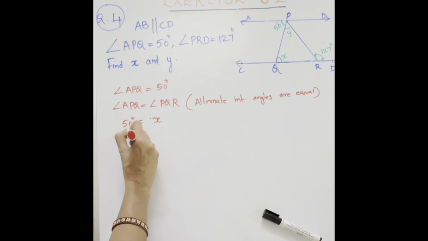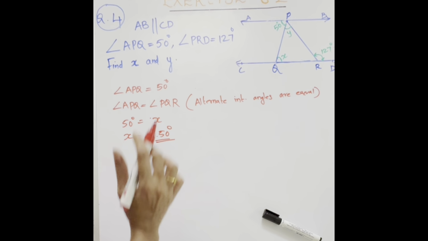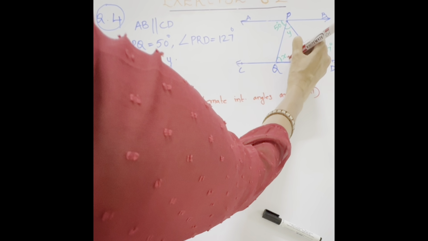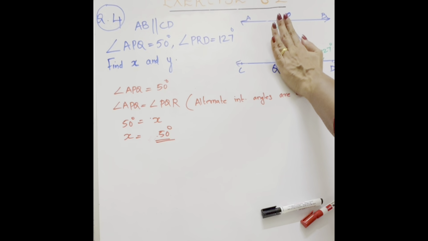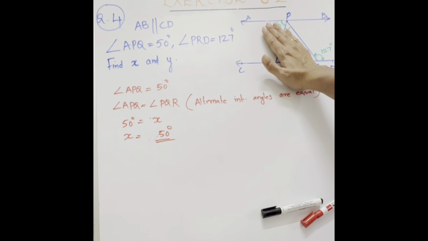So x is equal to 50 degrees. So we found x as 50 degrees. Now let's consider lines AB and CD again with the transversal PR. AB and only PR. Okay, so AB and PR. So what is that?